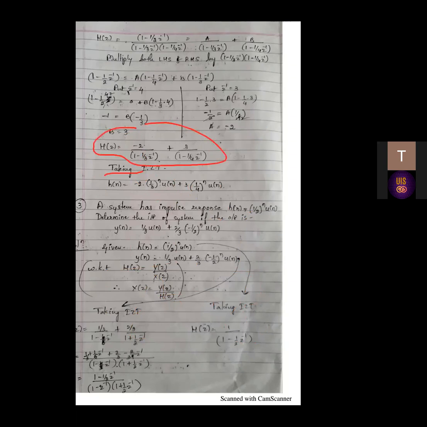And what is this? It is 1 by 1 minus 1 by 4 z inverse. Alpha is 1 by 4. Hence 1 by 4 raised to n u of n. I have multiplied both with u of n because in the question it is mentioned that the system is causal, a right hand sided sequence outside this circle. So multiply it with u of n. So with this we have calculated both your H of z and h of n. So I hope this problem is also clear to you.